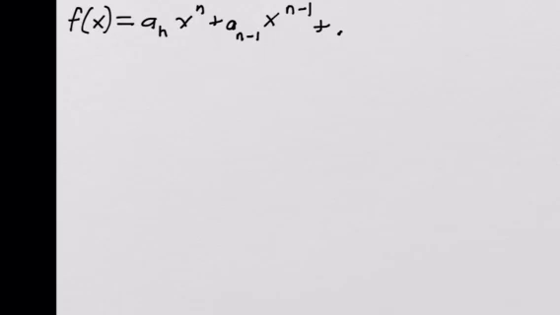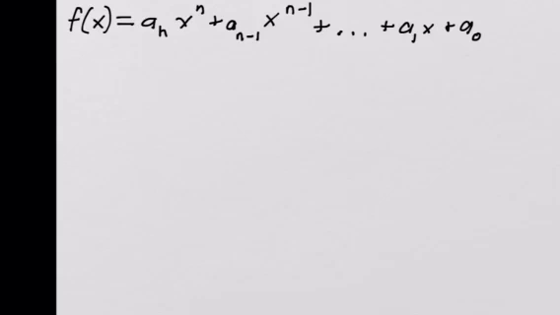So a polynomial function is a function that can be written in the form f of x is equal to a_n x to the n plus a_(n-1) x to the n minus 1, and continuing in that form down to plus a_1 x plus a_0.